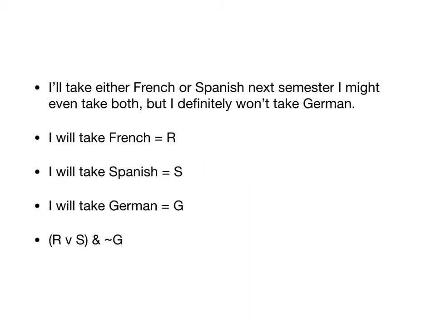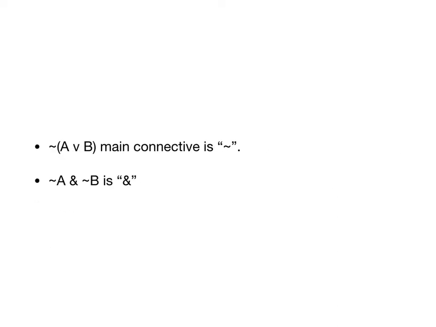Here, the main one is this and, this little ampersand symbol, right? Here are a couple more. In this not A or B, the main connective is the little tilde sign, the little not symbol. And in not A and not B, it's the and, right?